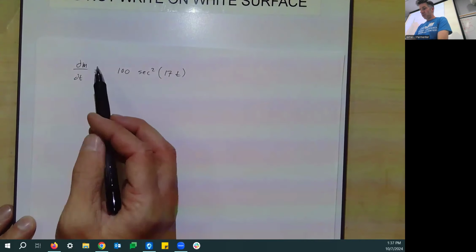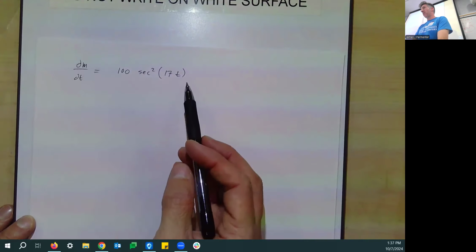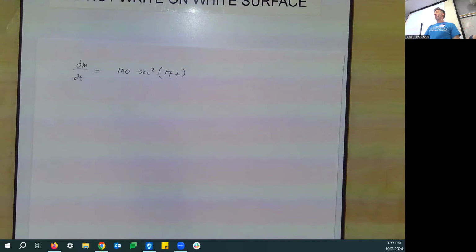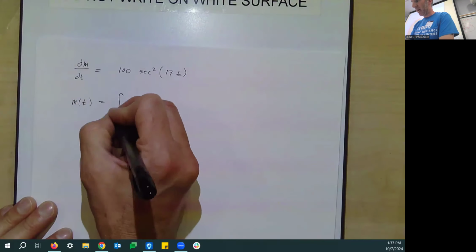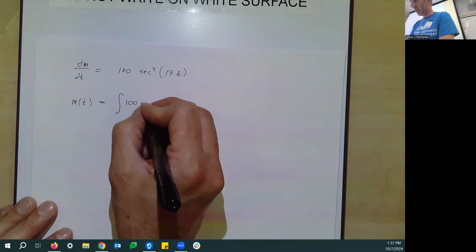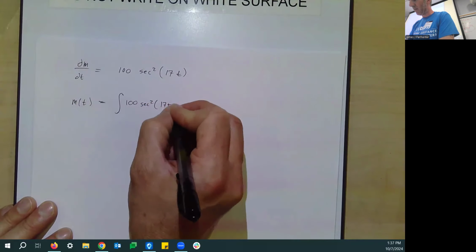But really, if you just have a derivative equal to a function of that variable, the function we're looking for is the antiderivative of that thing. So we're looking for m of t equal to the antiderivative of 100 secant squared of 17t dt.